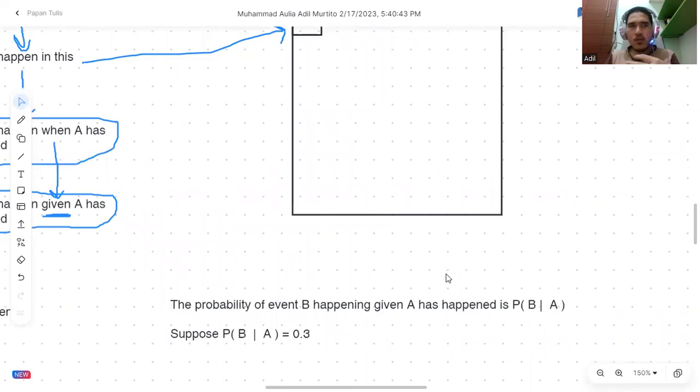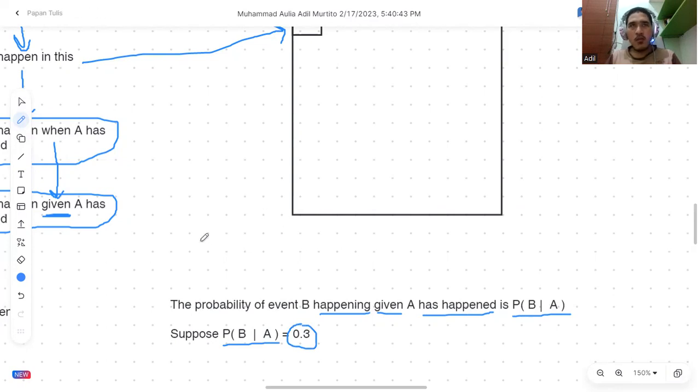So we want to count the probability. The probability of event B happening given A has happened is P(B|A). And suppose that P(B|A) is 0.3.